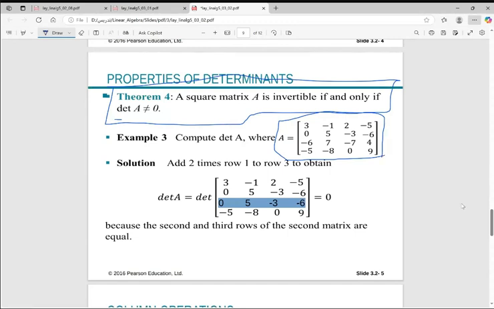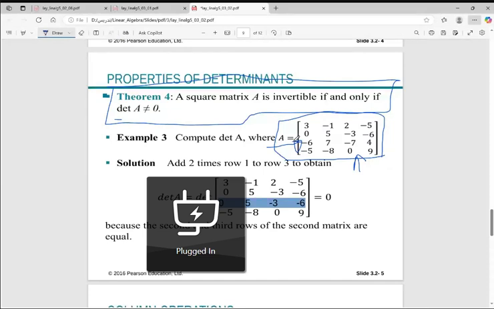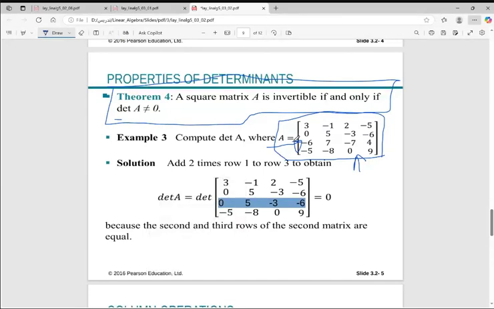So this is the matrix which is given to us, and we are asked to compute its determinant. We replace the third row, -6, 7, -7, 4, with the sum of the third row and 2 times the first row.